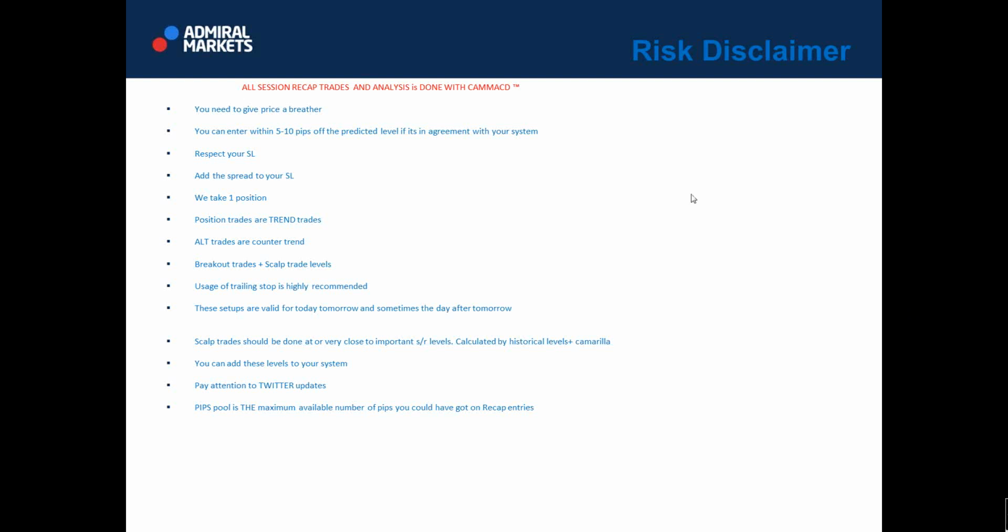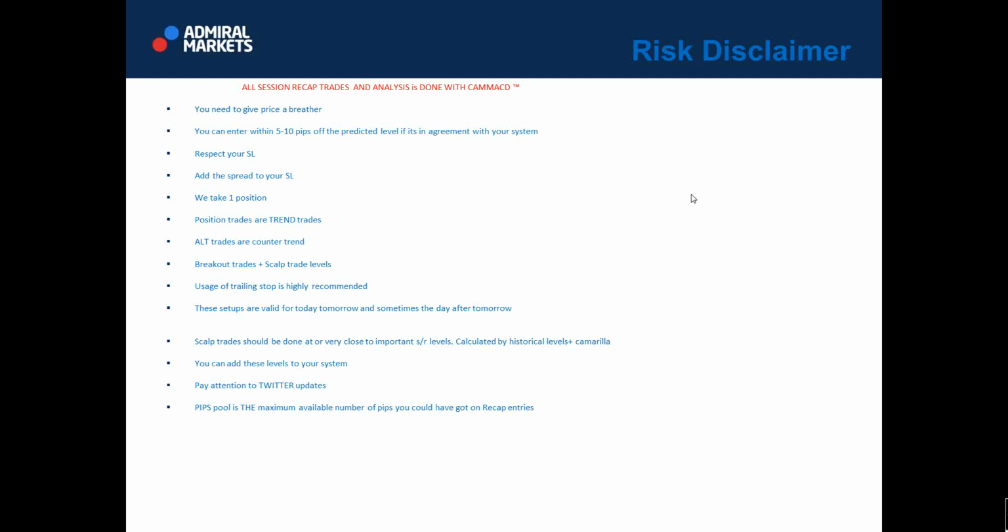Okay, so guys, always enter within 5 to 10 pips of the predicted level if it's in agreement with your system, because Camarilla MACD may be a different system and method compared to the systems which you already trade. So there could be some differences between Camarilla MACD and your own method or system.